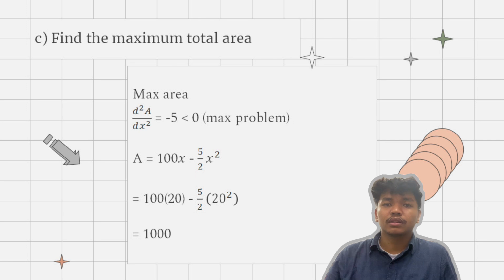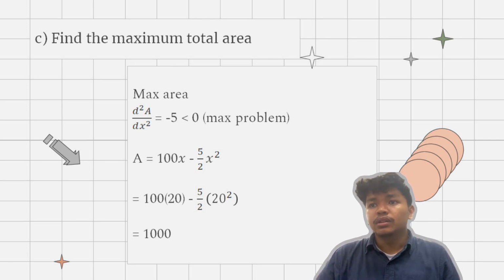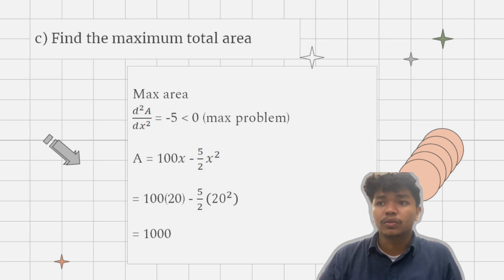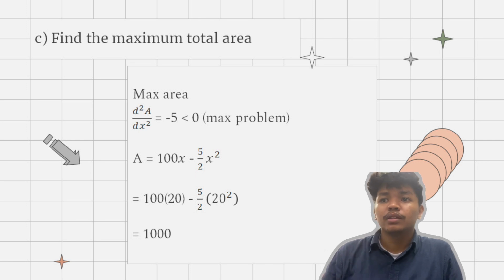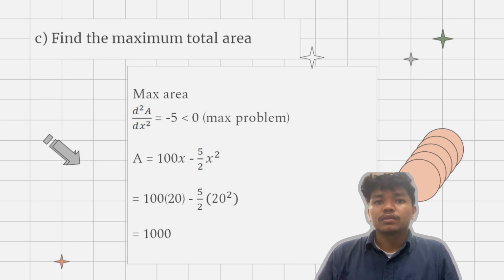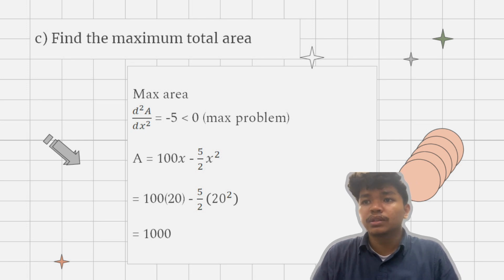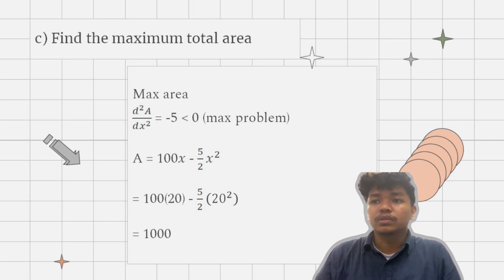For the next question, find the maximum total area. Using this formula, d squared A over dx squared equals negative 5, which is less than 0, so it is a maximum. Area equals 100 multiplied by x minus 5 over 2 multiplied by x squared.